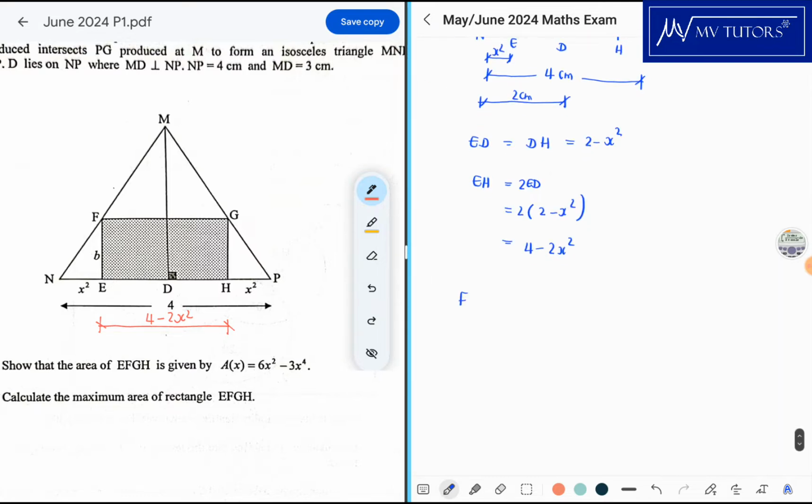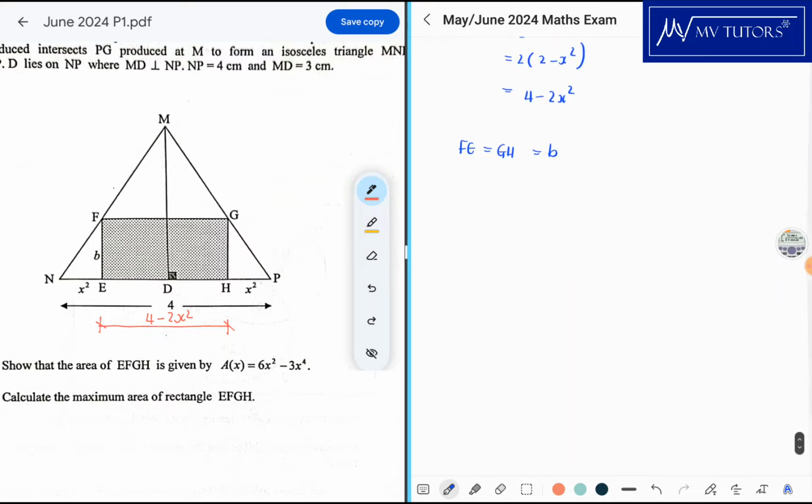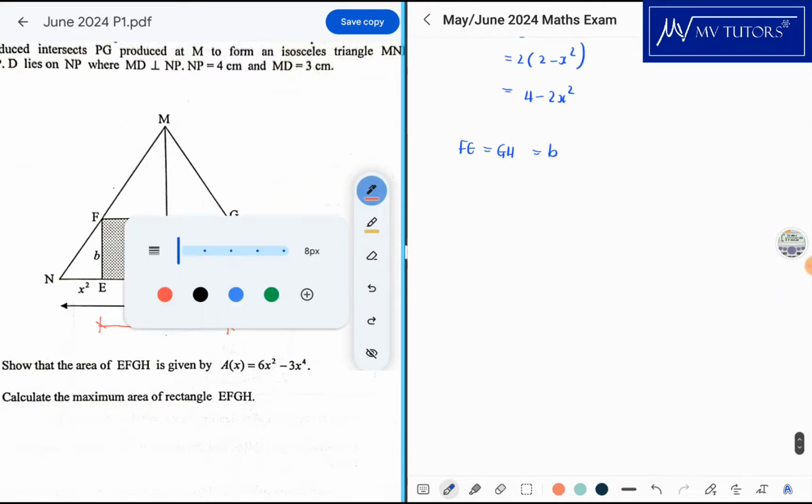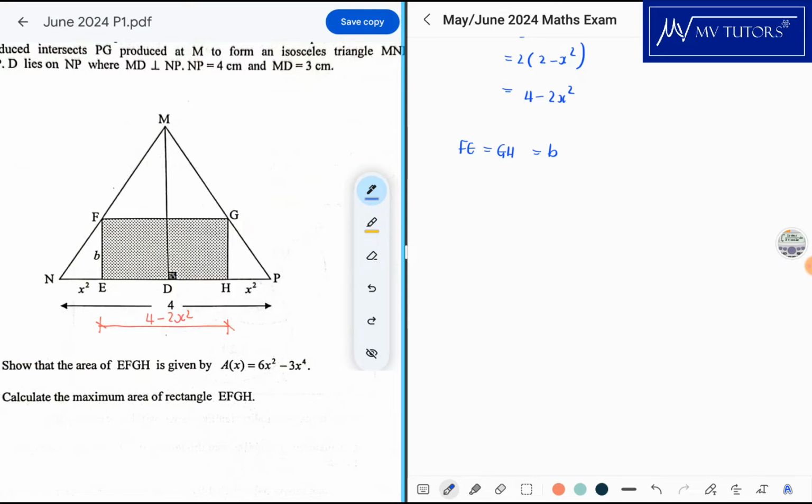Now, how can I get GH or FE? FE, which is equal to GH because we're dealing with a rectangle, is equal to B. But how am I going to get this B? Let's use a different colored pen. I know that ND or DP is equal to 2.